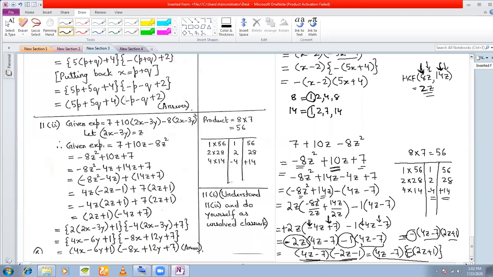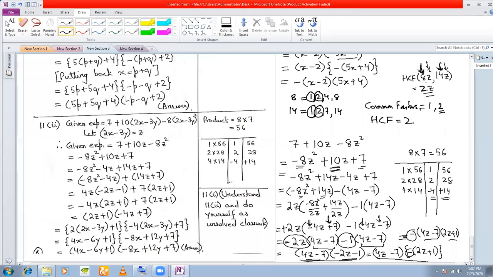So what are the common factors? 1 is a common factor. Definitely in all the numbers, 1 will be a common factor. 2 is another common factor, right? So the common factors are 1 and 2. Which is the highest common factor? 2 is higher than 1.